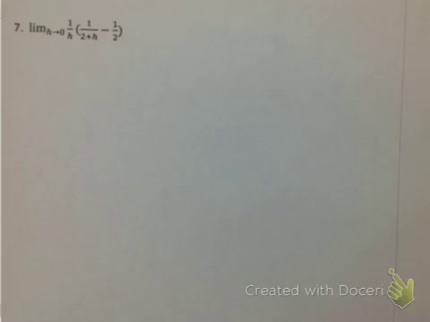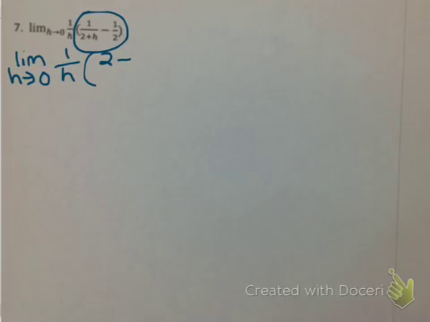Next one. Looks a little complicated. Limit as h goes to 0 of 1 over h times, 1 over 2 plus h minus 1/2. Looking at this, I could find a common denominator. That's the first thing I'm going to do to simplify this. So I have limit as h goes to 0 of 1 over h times, now I find a common denominator, which would be 2 times 2 plus h.